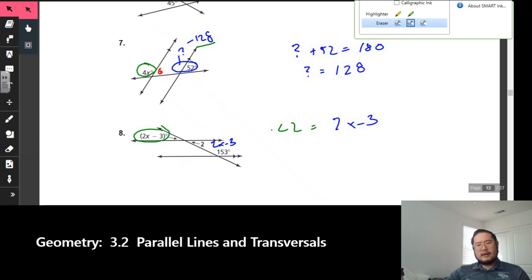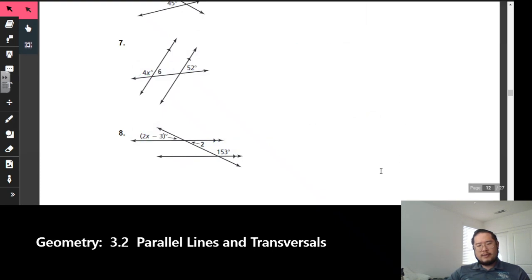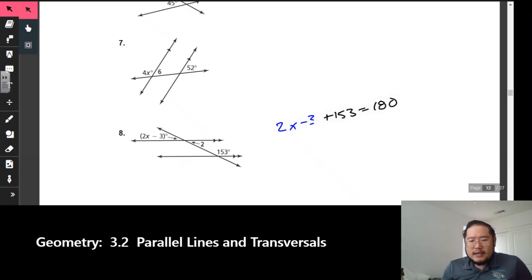Let me adjust something right here with my tablet for some reason. All right, so we have 2x minus 3, and if I add that plus 153, that's equal to 180. Consecutive interior angles are supplementary, so I take those two and set it equal to 180.